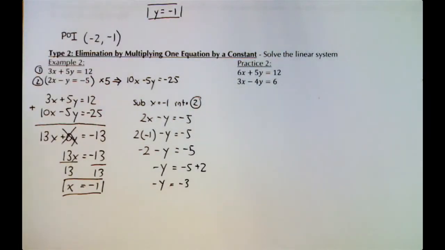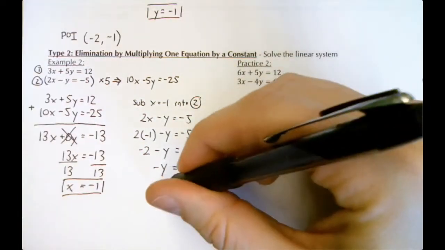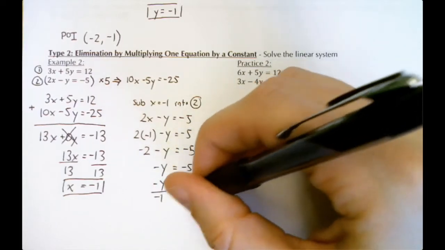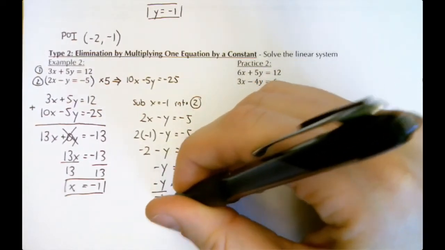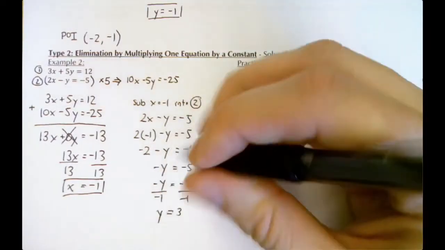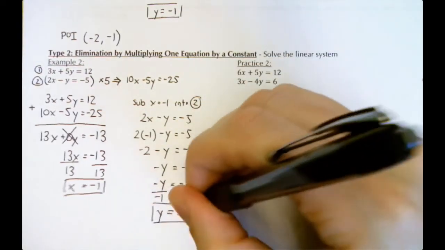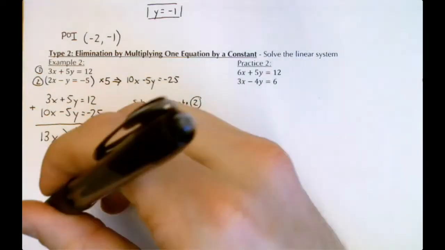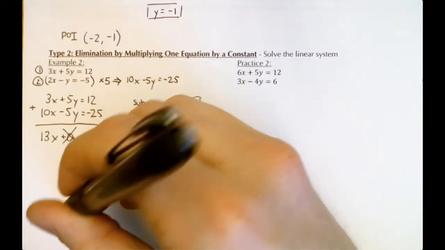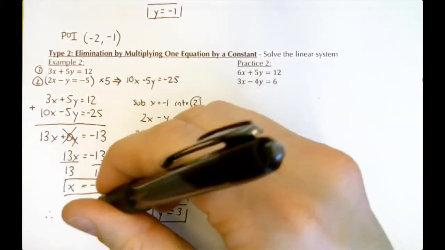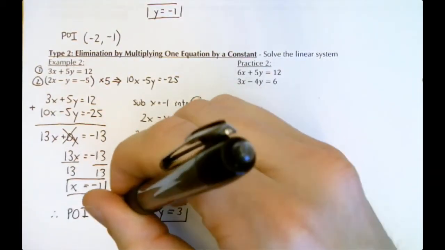We don't want to know what negative y is, we want to know what positive y is. So we can divide away -1. And that gives us y is equal to 3. So our POI is -1, 3.